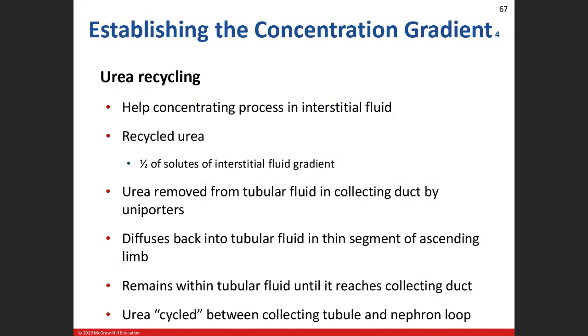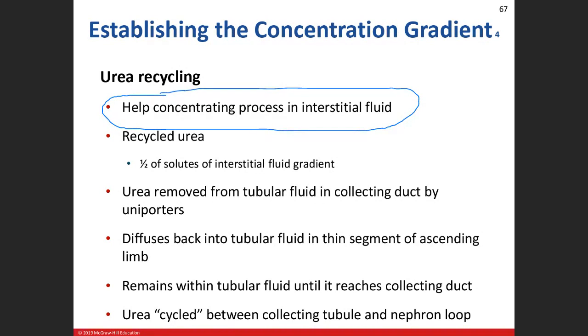But again, this urea cycling is going to help build that concentration gradient. A lot of resorption is dependent in the nephron loop on establishing a concentration gradient, and urea cycling is one way to help with creating it.